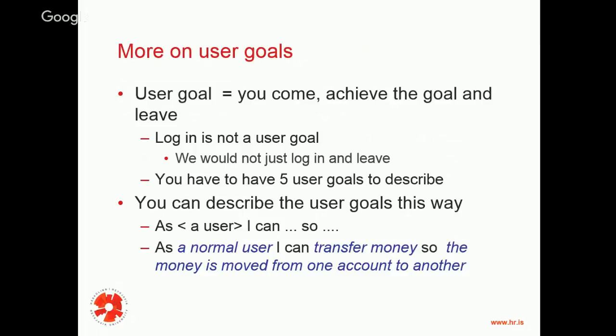So in the end, you have a list of user goals. You can describe the user goals either by a user story or a use case, like you saw in Greining and Hönnun, or software requirements and design, or as a scenario, which I will tell you about. So these are 3 different ways of describing the user goals.